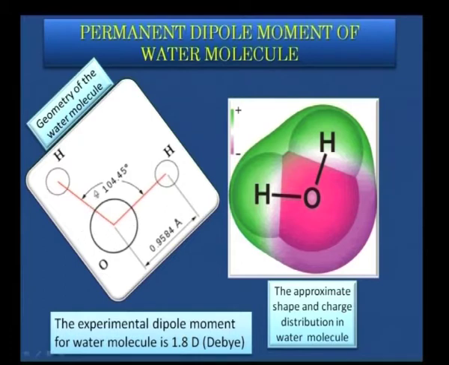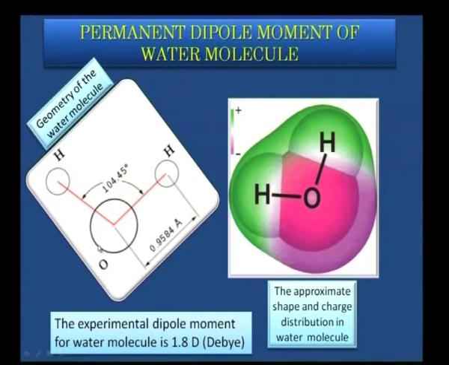The angle that separates the two bonds, the OH bond and the other OH bond, is 104.45 degrees. That is the geometry of the water molecule. And the distance separating oxygen and hydrogen is 0.9584 angstrom unit.